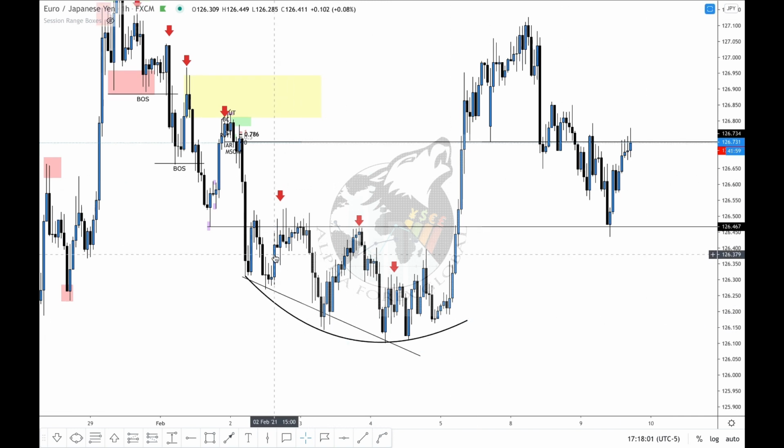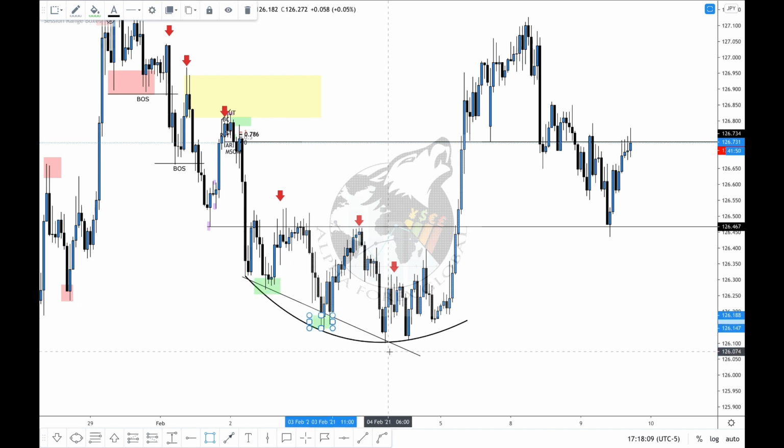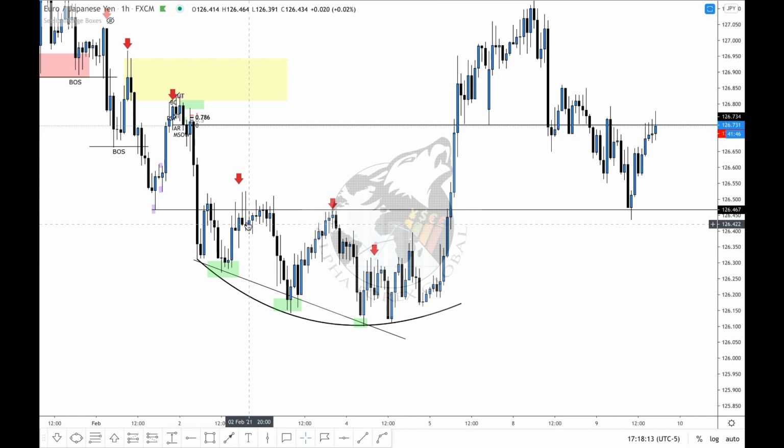So here we realize that the market is still making lower highs and lower lows. Here we have lower low, lower low, and then market created a lower low here, right? Lower high, lower low, lower high, lower low, lower high, lower low.